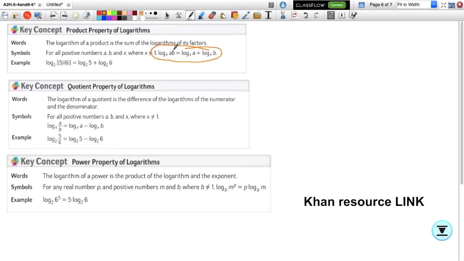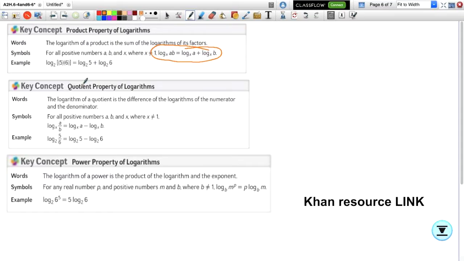So we can expand multiplication into an addition of 2 logs with the same bases. Let's say over here we have log base 2 of 5 times 6. That is the exact same thing as log base 2 of 5 plus log base 2 of 6. And that's a property that will work each and every time.